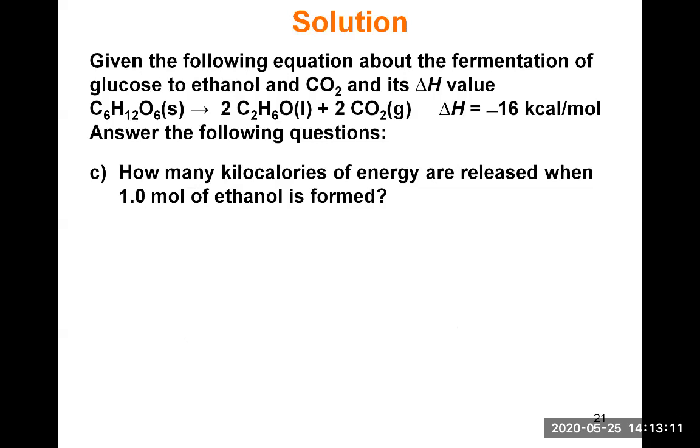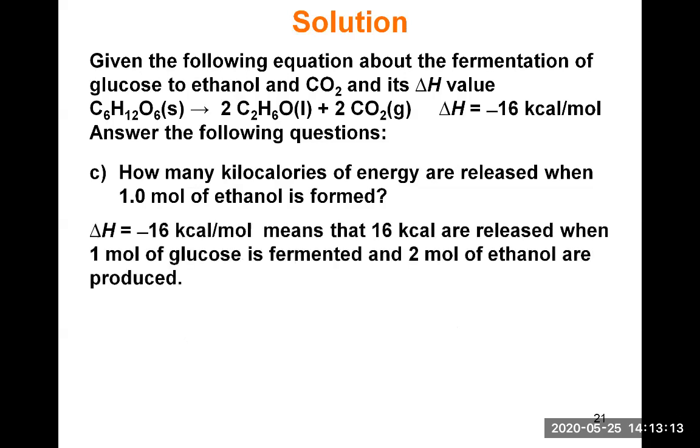But the information we have here, the 16 kilocalories per mole, means that 16 kilocalories are released when 1 mole of glucose is fermented and when 2 moles of ethanol are produced, right? It goes with this equation as it is, and here we have 2 moles of ethanol being produced per mole of glucose being fermented.